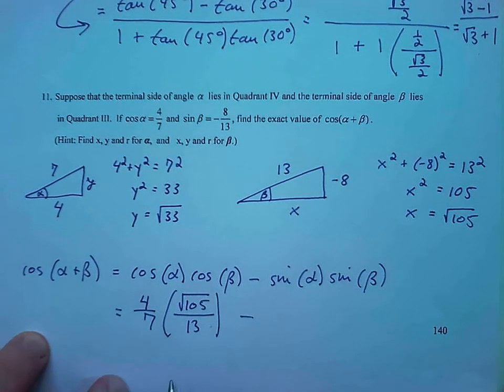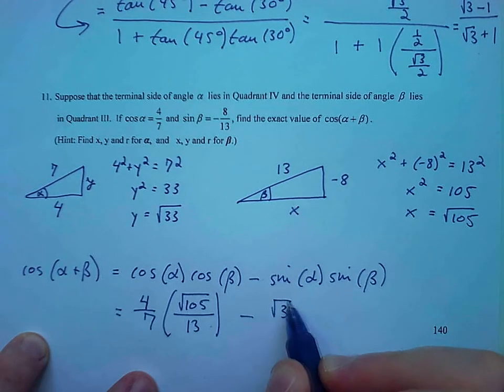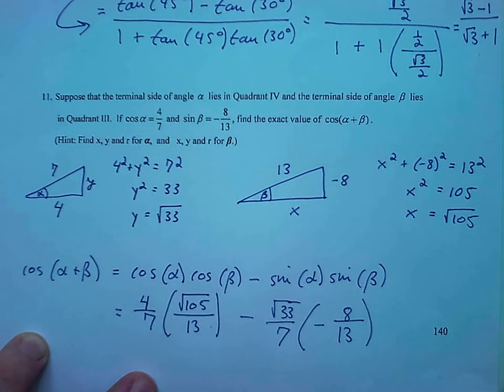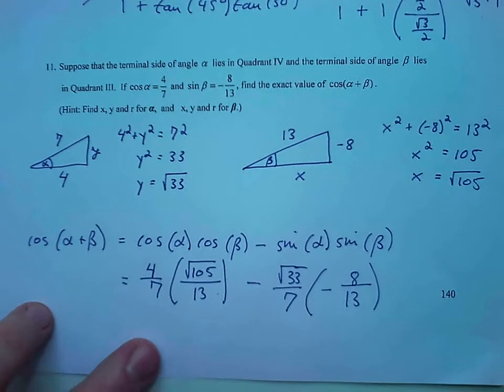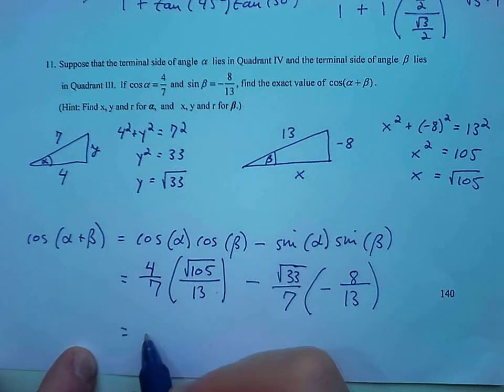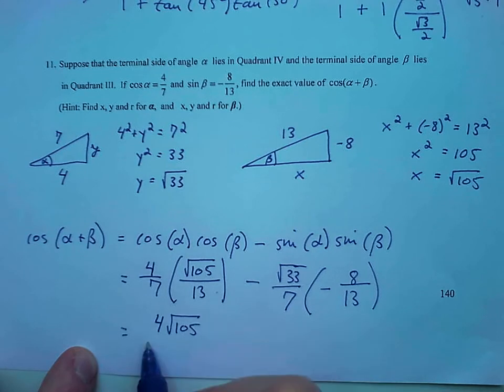Now the sine of alpha is going to be opposite over hypotenuse, so now we're over here. And the sine of beta, we were already told, is equal to negative 8/13. Now, if we figure all this stuff out, this is going to come out to 4 square roots of 105.